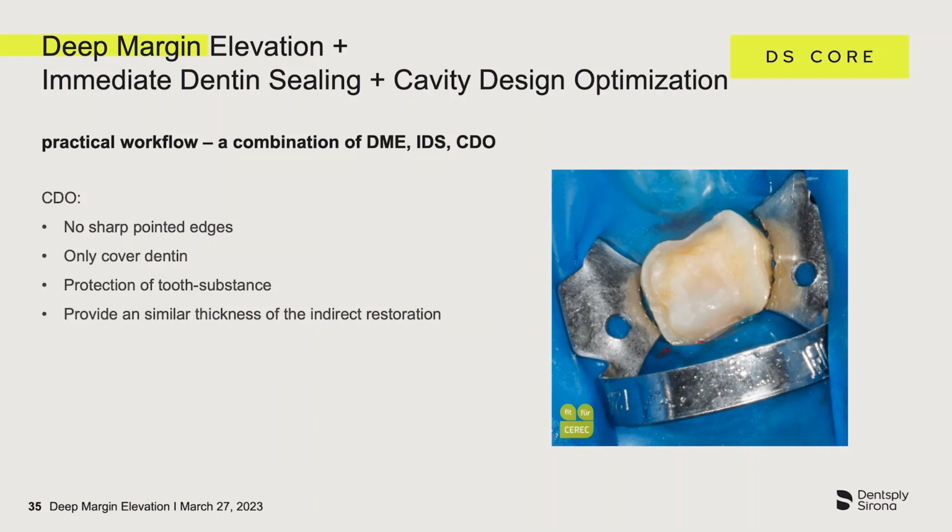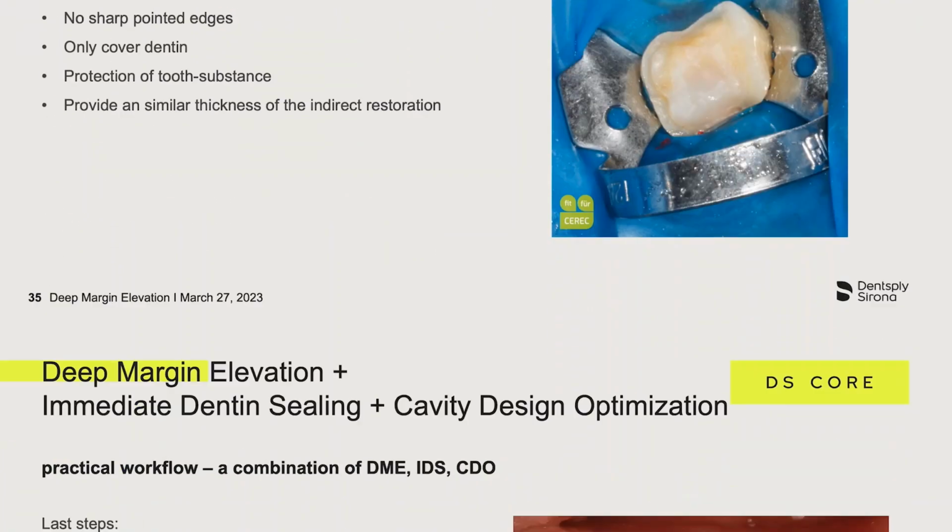Any enamel margins that may be present should be finished again and thoroughly cleaned of any adhesive and composite residue. As a result, we now have a clean cavity. The dentin is already protected at this point by the applied composite, and we can achieve an even thickness of the indirect restoration by applying this composite layer.